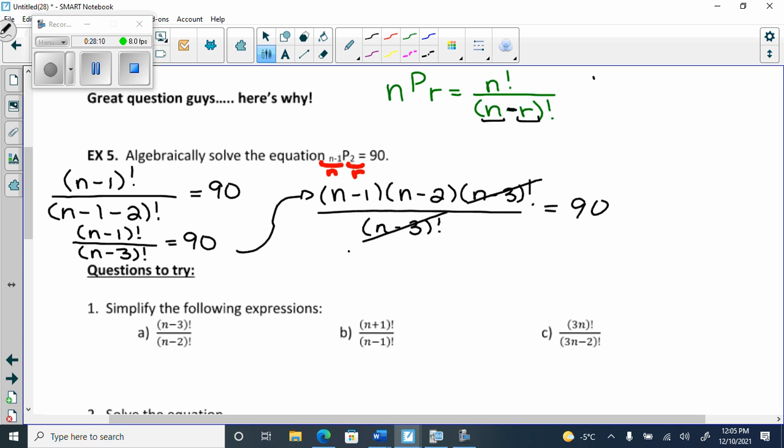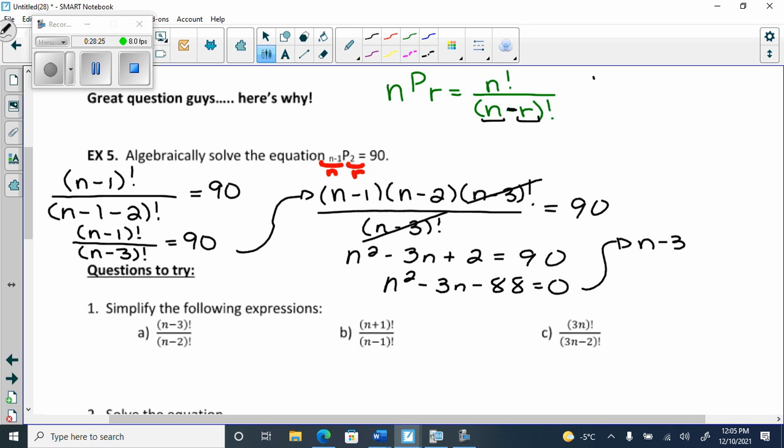So we're going to get n squared minus 3n plus 2 equals 90, n squared minus 3n minus 88. So it's going to be 11 and 8. n minus 11. I said 11. I have no idea. Sometimes my brain goes places. Okay. And then n plus 8.